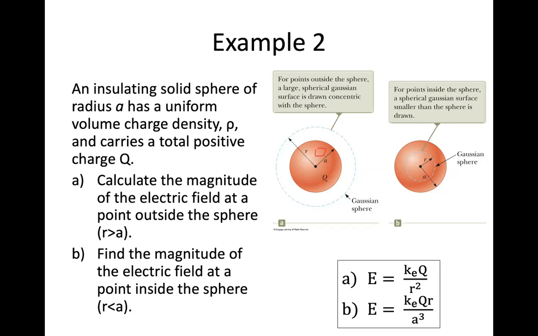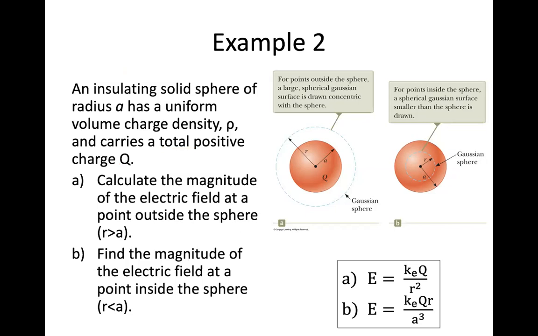I could look at a huge bit and it'll have rho. I could look at the entire bit and it'll have rho. Rho doesn't change. Why? Because it's uniform, whether I look at a little piece or the total. Now it carries a total charge Q, and we know it's positive.